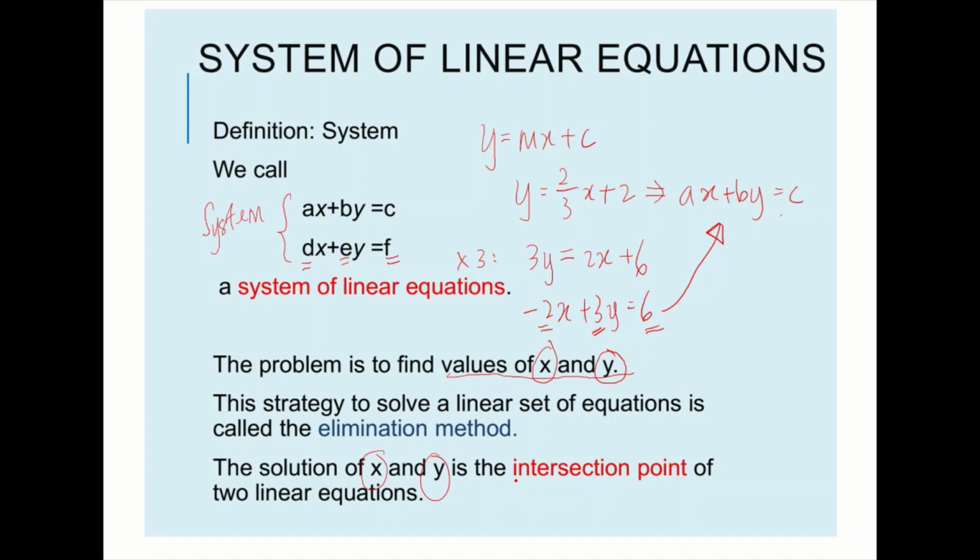I repeat, for each linear equation, we can draw a straight line. We learned this before. So when we have two linear equations, we can sketch two lines, line 1 and line 2.